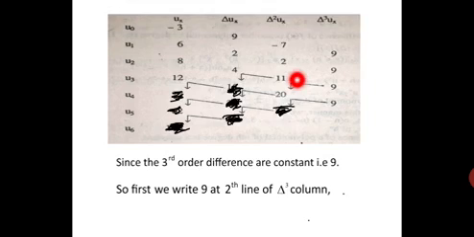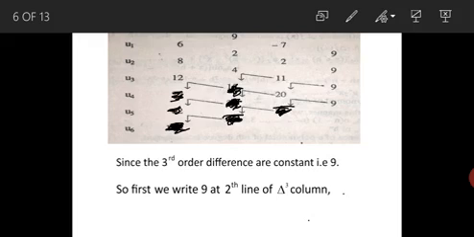Similarly, if you go for 20 plus 9, it is 29. I will write it here. Okay, it's 29. Similarly, again, this 4 plus 11, it will become 15. You can see here, we wrote 15. Similarly, 15 plus 20, 35, we wrote it here.